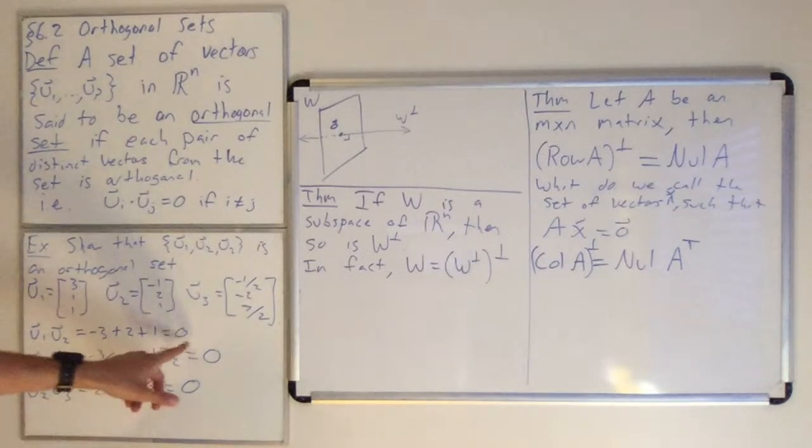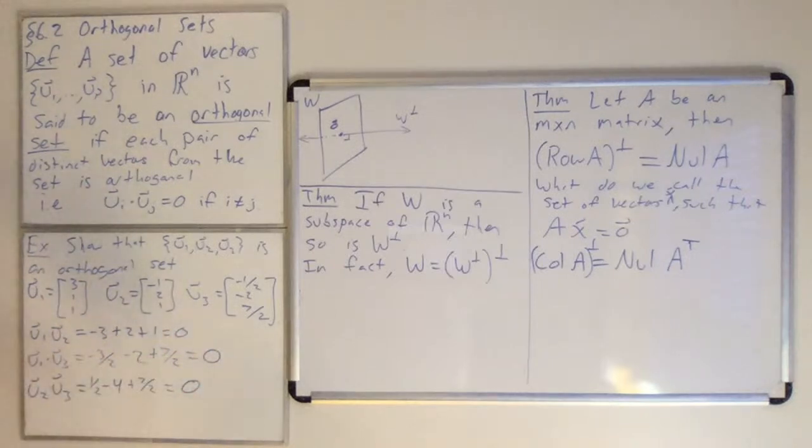If any one of these was not 0, then we could conclude that it is not an orthogonal set.